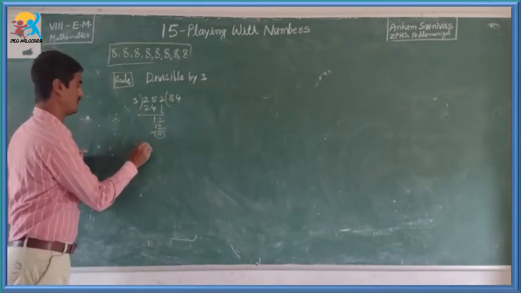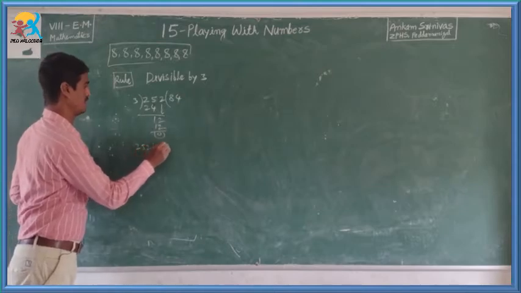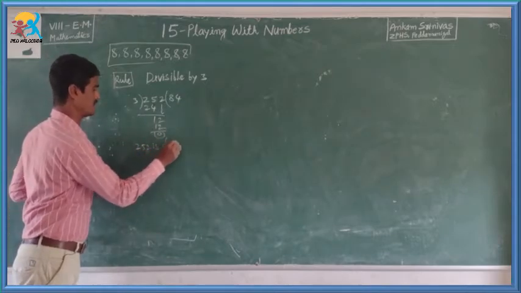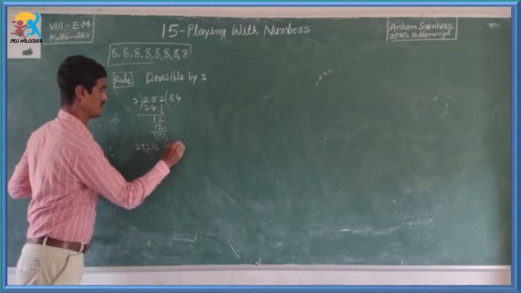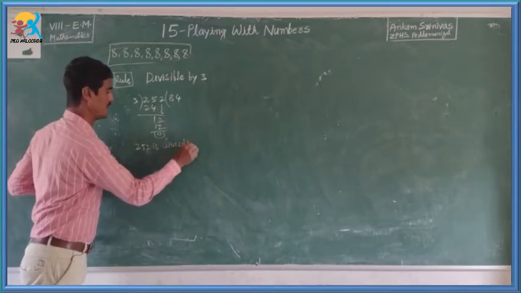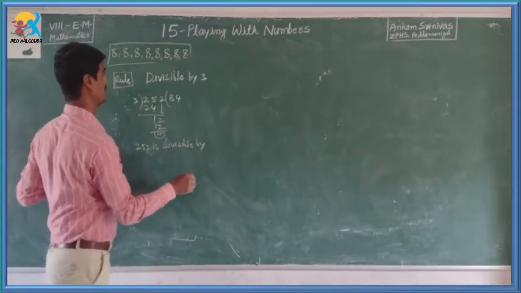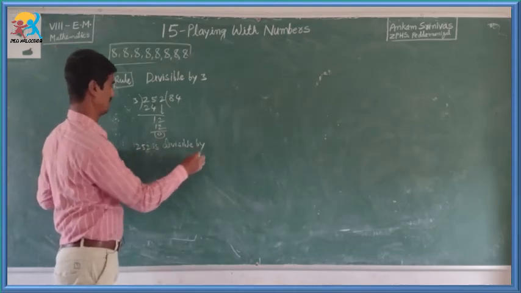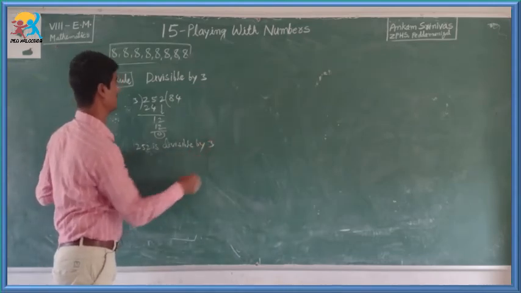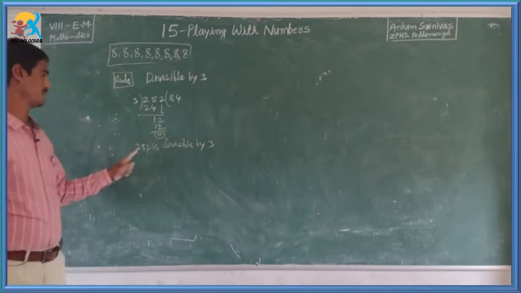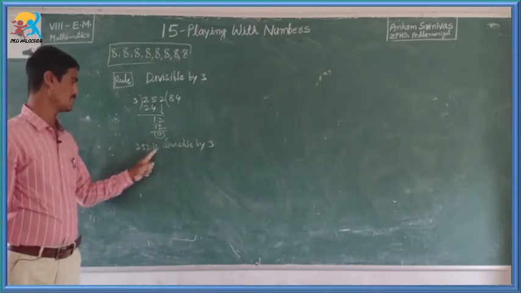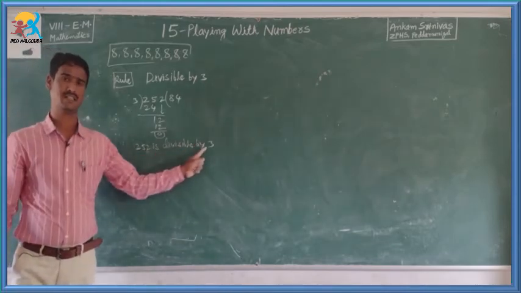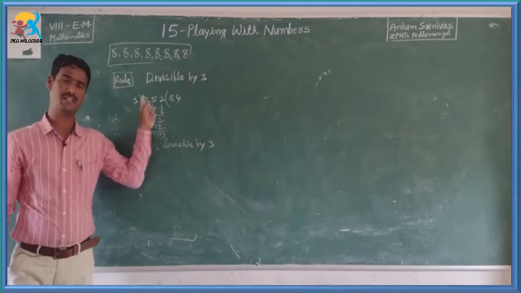So 252 is divisible by 3. So my dear children, here 252 is divisible by 3. So, we are doing actual division.